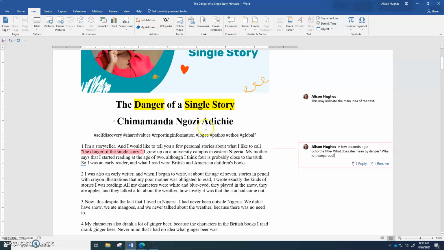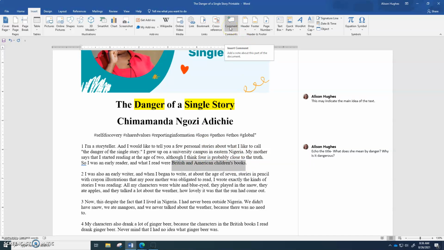"I grew up on a university campus in eastern Nigeria. My mother says that I started reading at the age of 2, although I think 4 is probably close to the truth. I was an early reader, and what I read were British and American books." So she read British and American books.